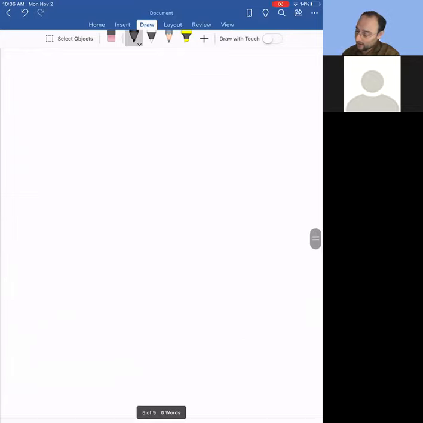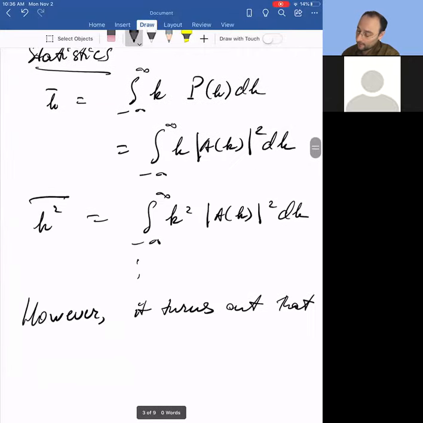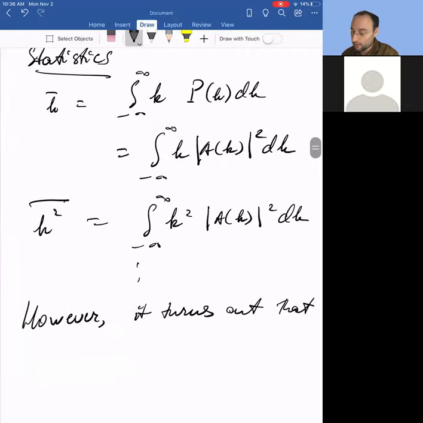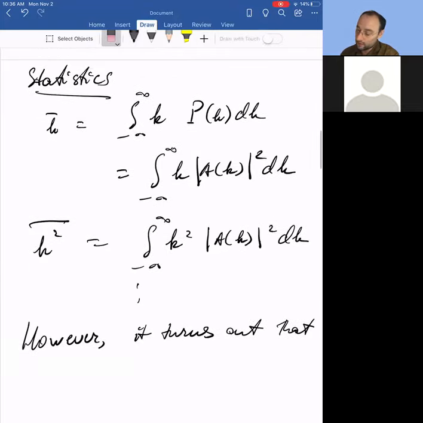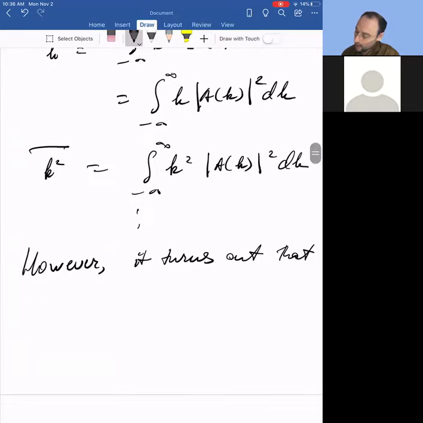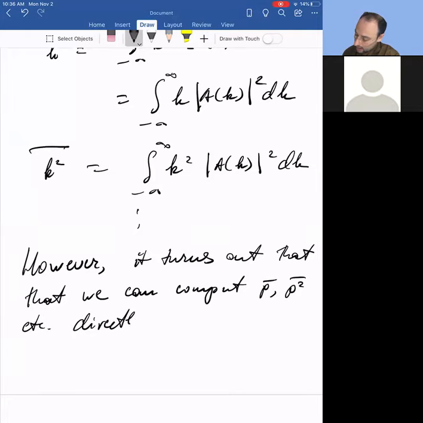This is the average k squared. So to get the average momentum squared, you multiply it by h bar squared. However, it turns out that we can compute the expectation values of p, p squared, etc. directly from the wave function.